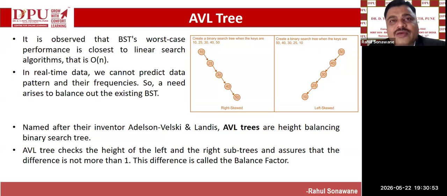Next, 40 comes, and 40 is less than 50, so we keep it on the left side, because we have to construct a binary search tree. Next, 30 comes, so obviously it will be kept on the left side, then 25 and then 10. So we end up with this left skew tree.